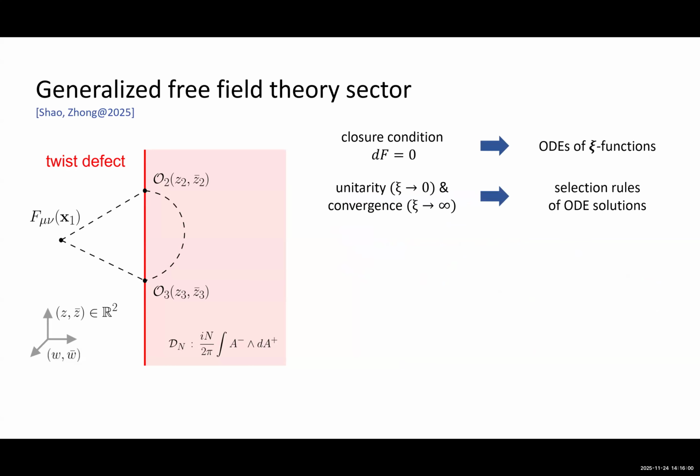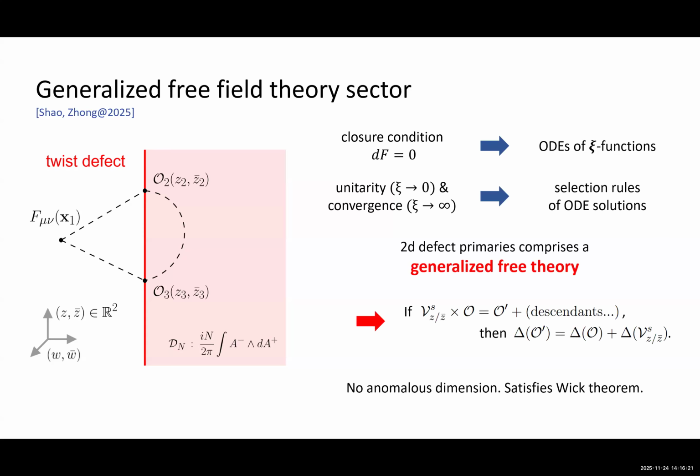And by requiring the solutions for Kc to satisfy certain conditions, as required by unitarity and some well-definedness in certain limits, we will see that not all solutions are possible, first of all. And for those allowed solutions, the quantum numbers of those defect operators have to satisfy certain conditions.